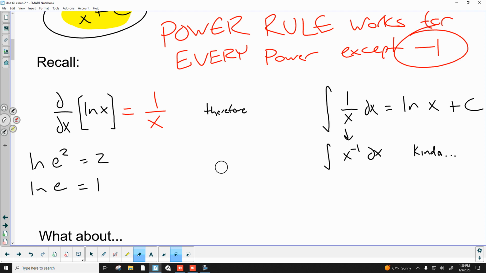And then I could ask you, what's the log of 1? And you all should know that the natural log of 1 is 0. And then I ask you, what's the natural log of 0? Or I could ask you, what's the natural log of negative 1?